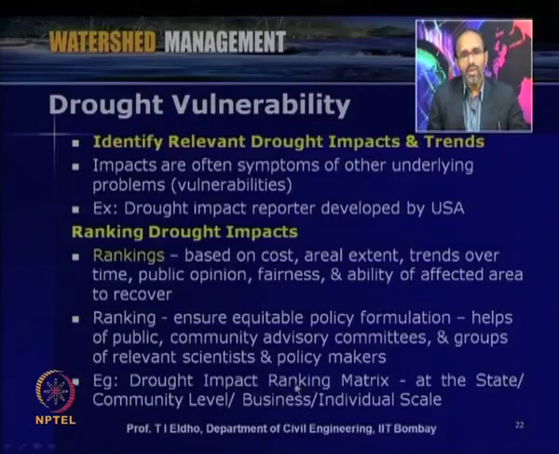For example, drought impact ranking metrics we can have at the state or community level, business or individual scale, and from that we can easily identify the possibility of a particular area being affected by the drought, and what its rank is. Then accordingly we can go for various mitigation measures or economic measures.